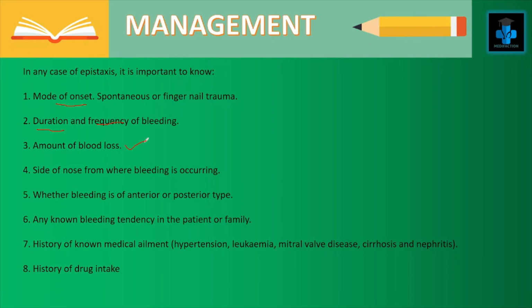The amount of blood loss, the side of nose where the bleeding is occurring, whether the bleeding is of the anterior or the posterior type, any bleeding tendency in the patient or family, history of medical ailments such as hypertension, leukemia, mitral valve disease, cirrhosis, and even nephritis. And also, history of drug intake is also very important.